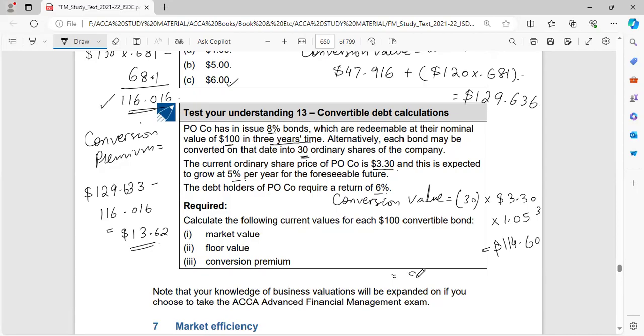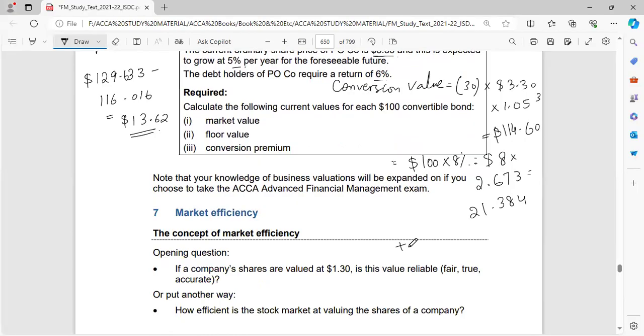Now calculate annuity value of interest. 100 into 8%, $8, into 6%, 3 years annuity, 2.673. This is the annuity value of interest plus the present value of conversion value.